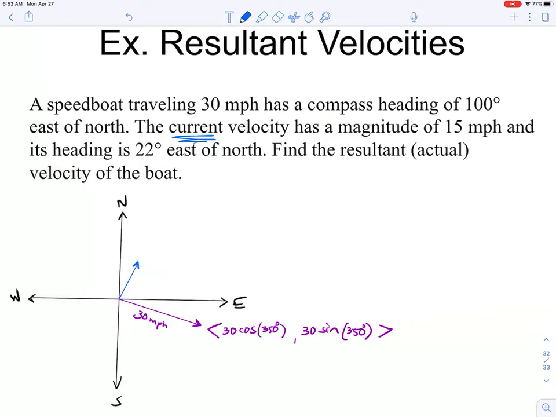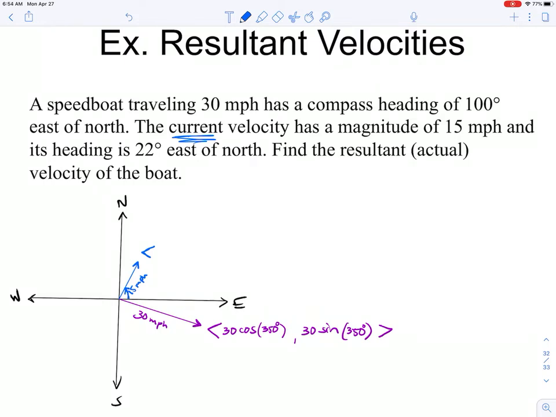Well, 22 degrees east of north, with a magnitude of 15, let's say that that's the water's velocity. This angle right here, sorry, I didn't draw that very well, would be 22 degrees east of north.